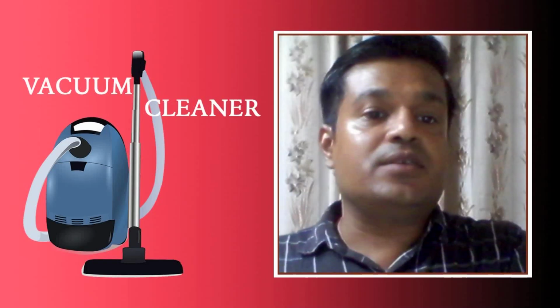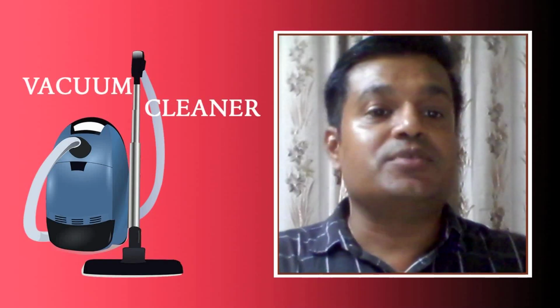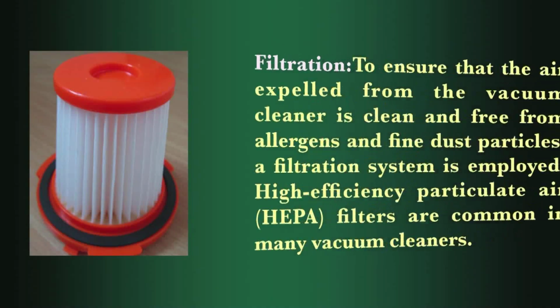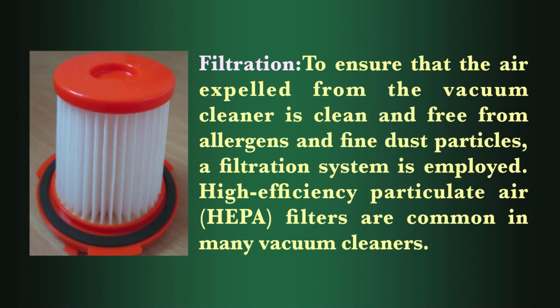Then after the collection of the dirt or dust comes the filtration. To ensure that the air expelled from the vacuum cleaner to the surroundings is clean and free from allergens and fine dust particles, a filtration system is employed. High efficiency particulate air filters, also known as HEPA filters, are very common in many vacuum cleaners nowadays.